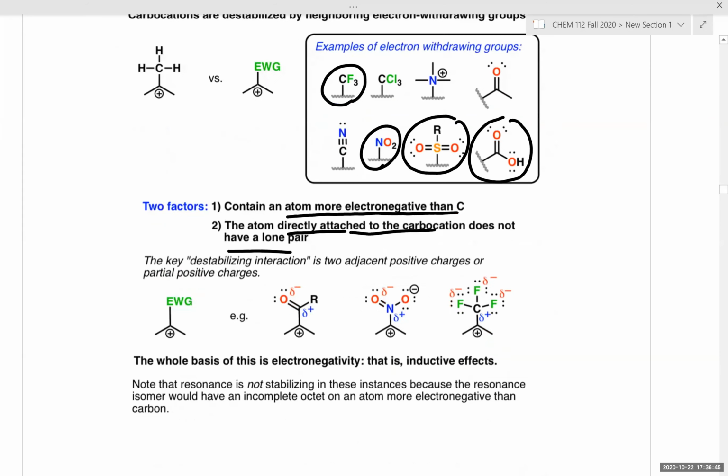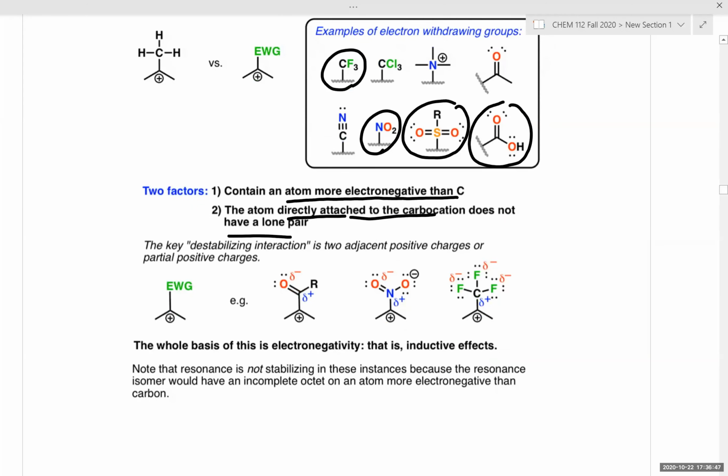So you may say, well, why are electron withdrawing groups so detrimental to carbocation stability? You can think about it from the charge perspective as building up like charges on adjacent atoms; building up positive charges on adjacent atoms is highly destabilizing.